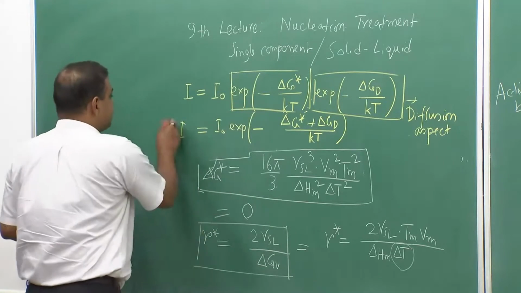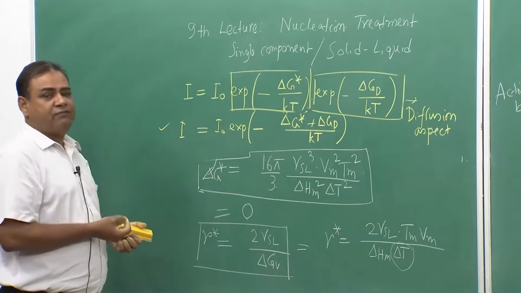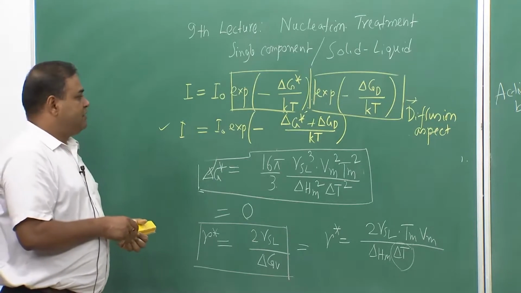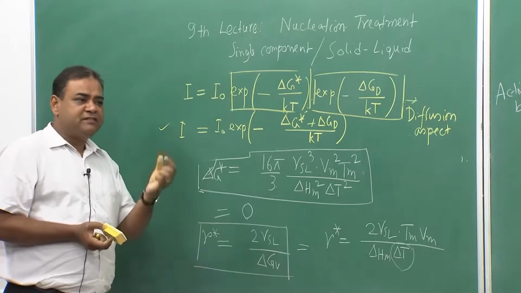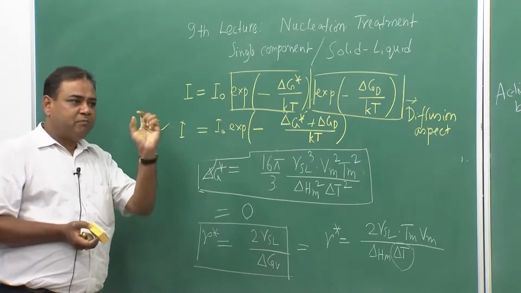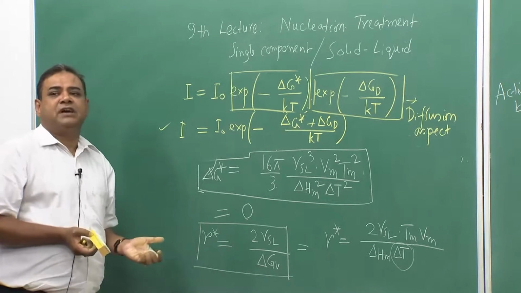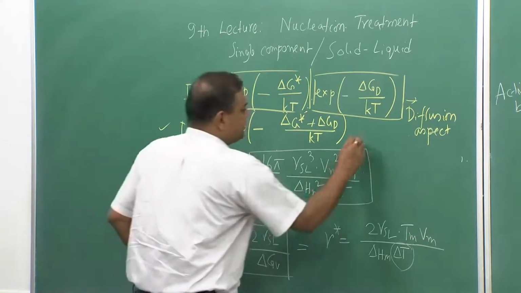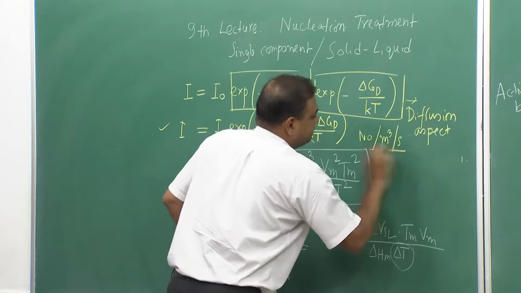Now, this is the rate at which stable nuclei form in a particular volume of liquid. That means, the stable solid particles form in a liquid volume per unit time. So, this unit becomes number per meter cube per second. Okay.